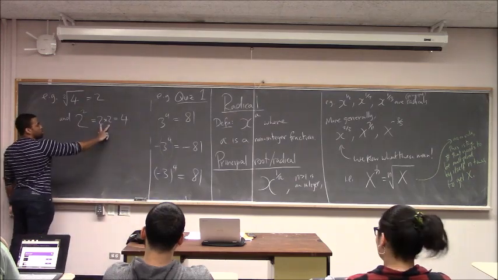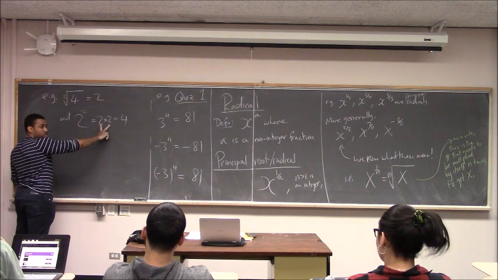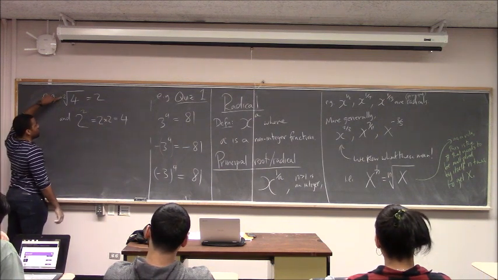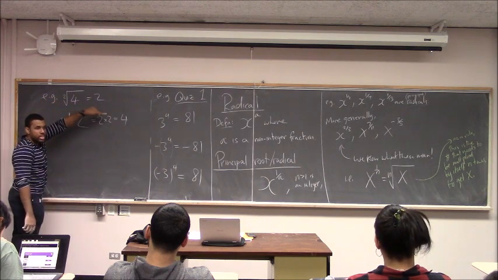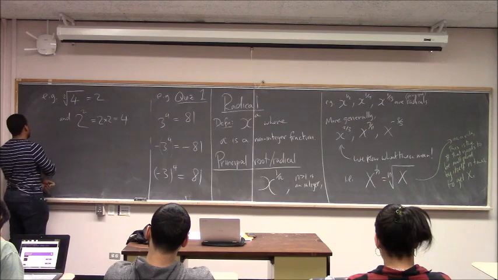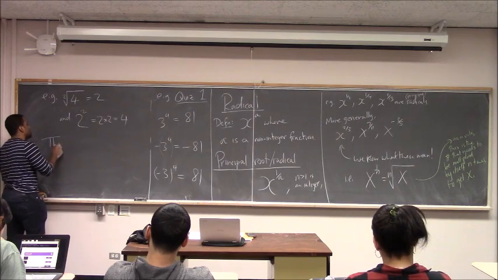Now that being said, if you multiply 2 negative numbers here, you will get a positive number. And so what ends up happening when there's a square root is that you can never really have a negative output. And so this idea leads to the domain of this function.